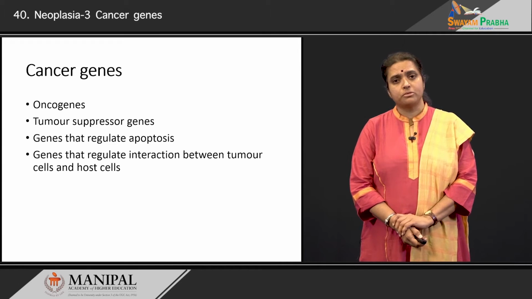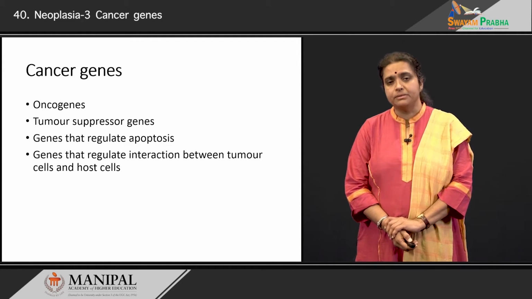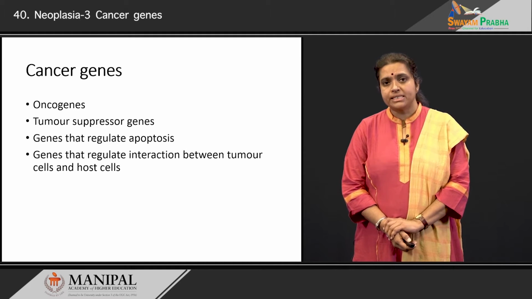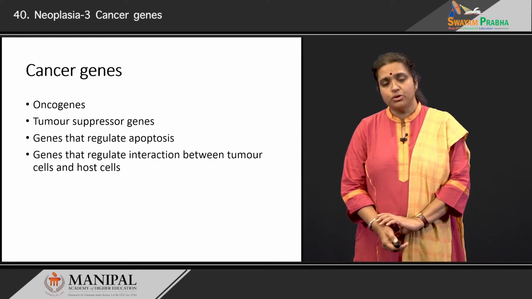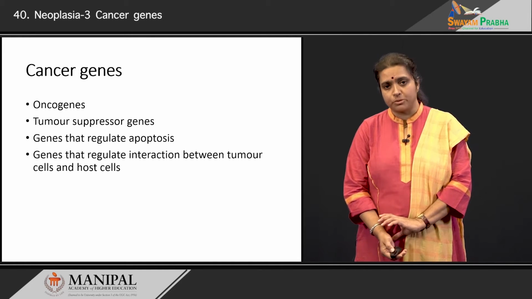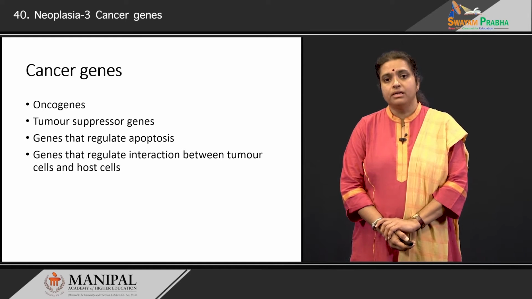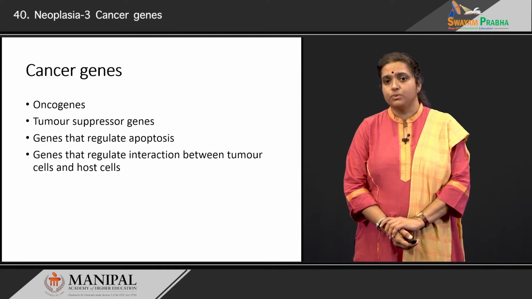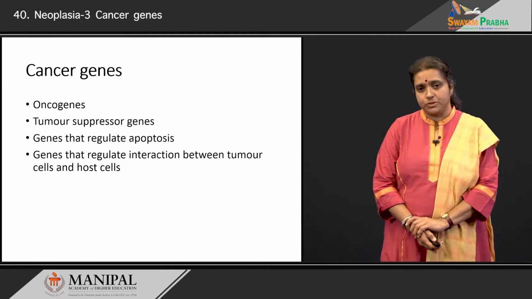We know that apoptosis or cell death is actually a kind of safety mechanism wherein a damaged cell dies, because you do not want a damaged cell to propagate itself, so it undergoes apoptosis. When this regulatory mechanism is faulty, it can give rise to cancer. So, one of the classes of cancer genes are the genes that regulate apoptosis.